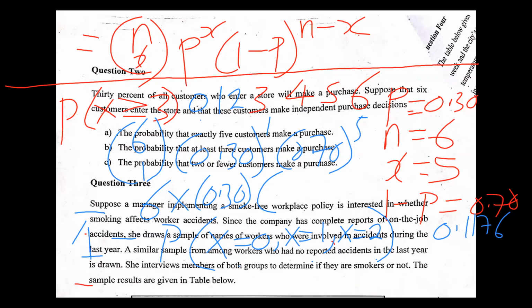I'm confused. Why are we raising it to the power 5? It is n minus x. Our n is 6, and our x is 1 in this case. So 6 minus 1 is 5. Oh, okay. Yeah.